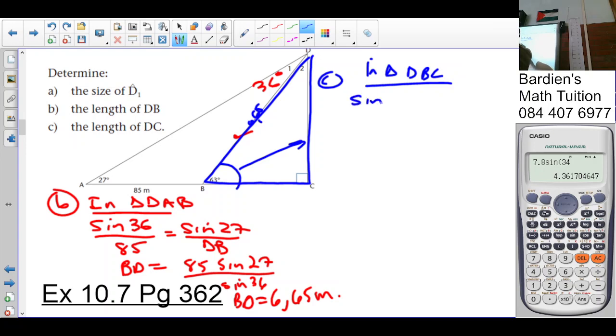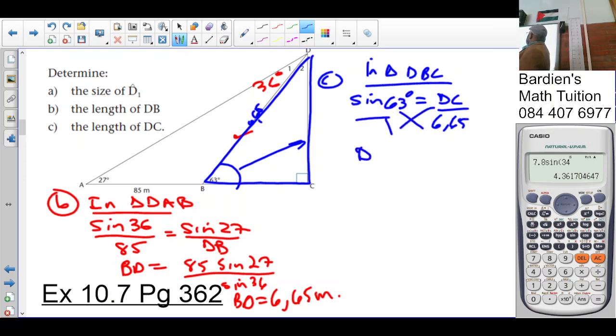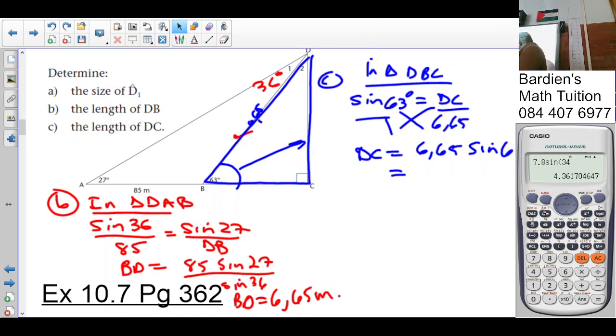So it's going to be sine of 63 degrees equals DC over 65.65. Multiply across, so DC is going to be 65.65 sine of 63 degrees.